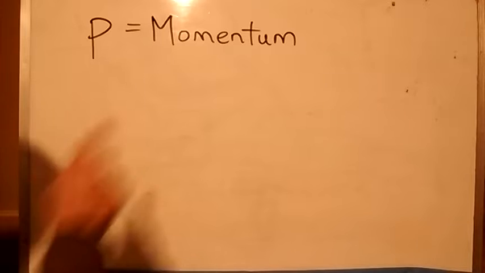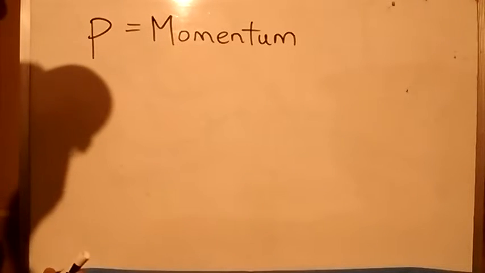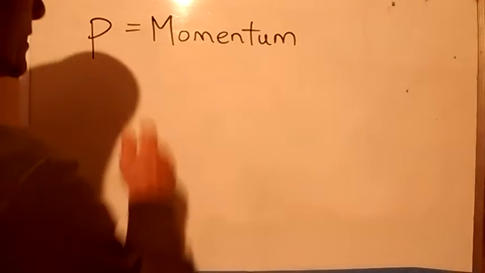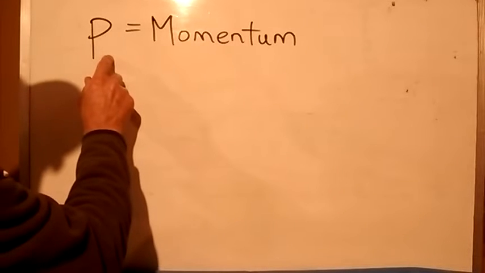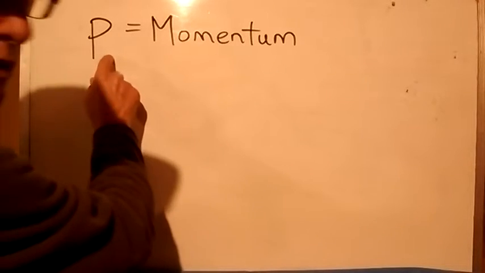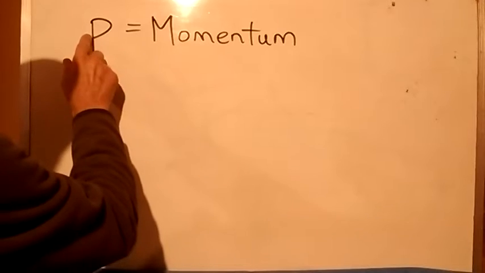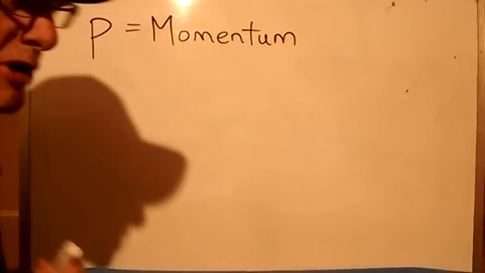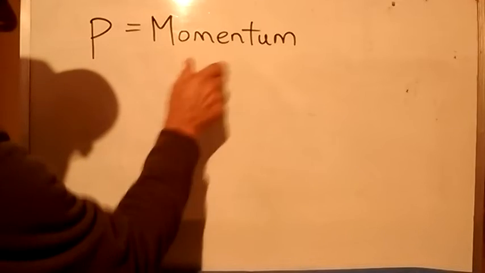We talked about momentum before in lesson 7, but just as a reminder, p is the symbol for momentum, not capital P, but a little p. We're not really sure where it comes from. Capital P is power, but little p stands for momentum.